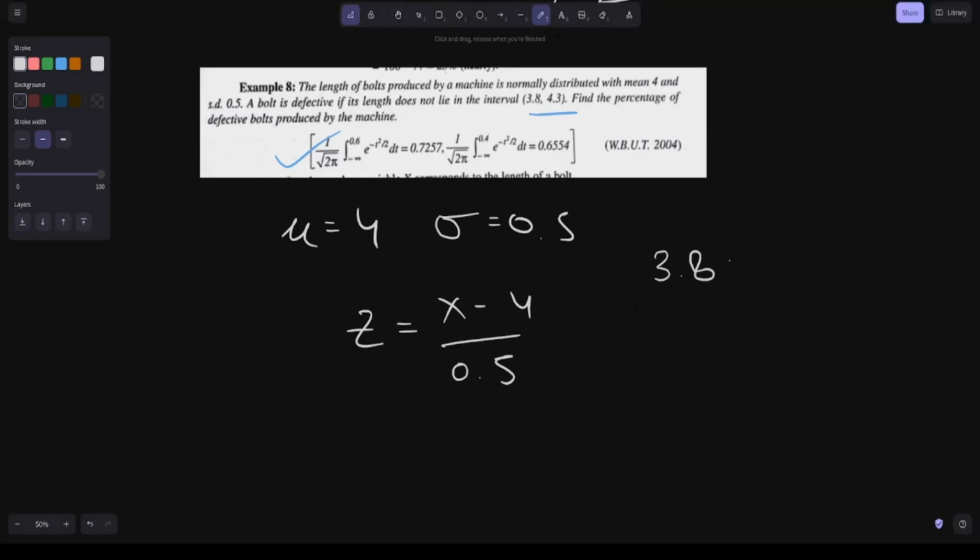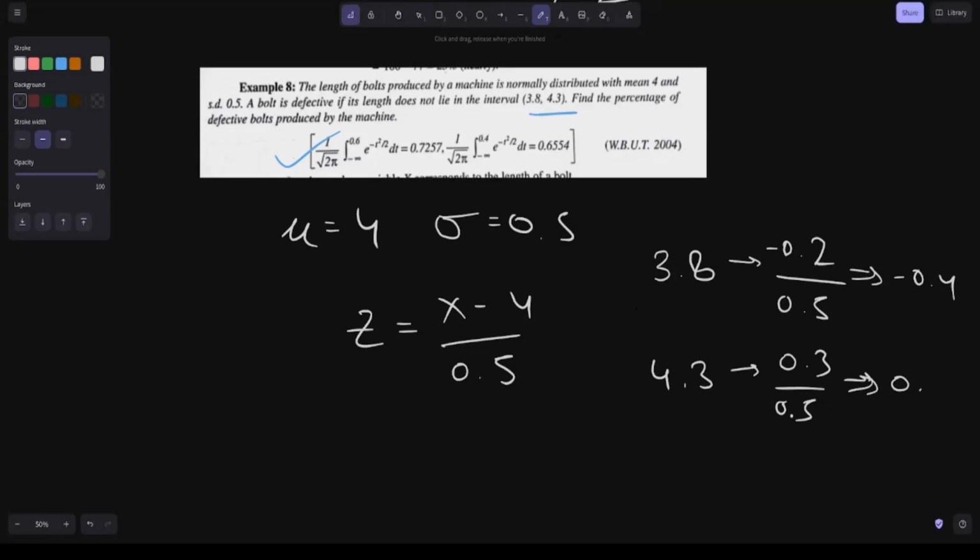For 3.8 it will give you (3.8 minus 4) by 0.5, that is minus 0.4, and 4.3 gives you 0.3 by 0.5, that is 0.6. See, these things are coming useful. So I'm going in the correct direction, right?